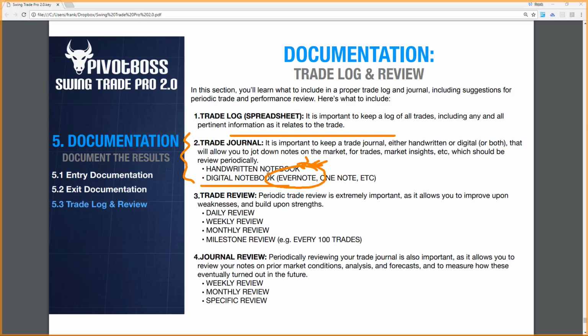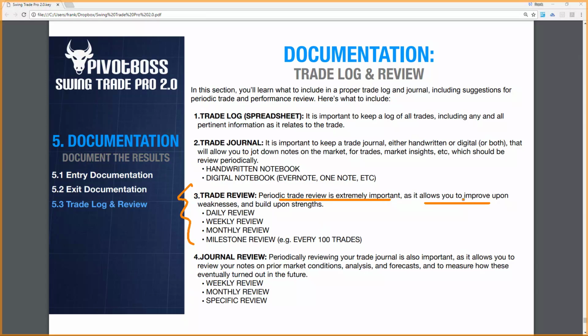And again, if you use OneNote, it's the same type of deal. So I would encourage that you use one of these types, or at least a handwritten notebook, when it comes to trade journaling. Over here, trade review. Periodic trade review is extremely important, as this allows you to improve upon weaknesses and build upon strengths.